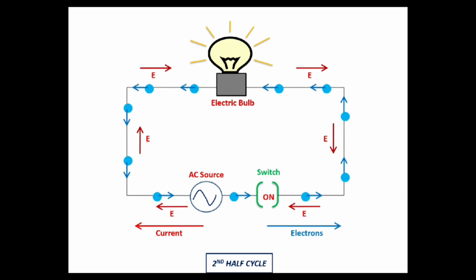Hence, during each half cycle, when the polarity is fixed for a time of T by 2, electric field and hence the flow of electrons is set up in the entire circuit in one direction until the next half cycle starts. Hence, the electrons move in one direction for a time period of T by 2, which is the first half cycle, and in the opposite direction for the next half cycle.